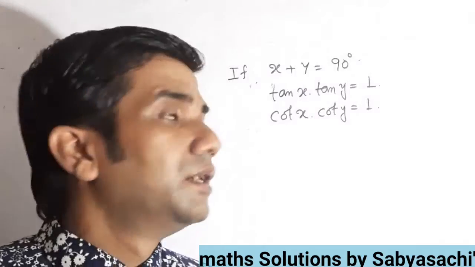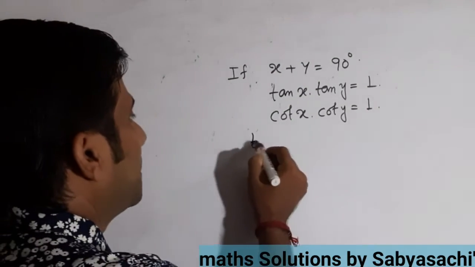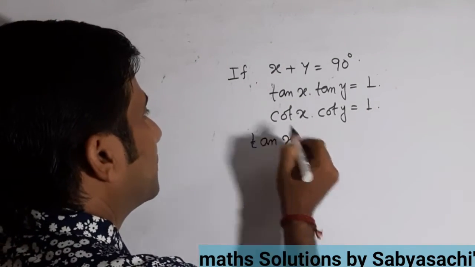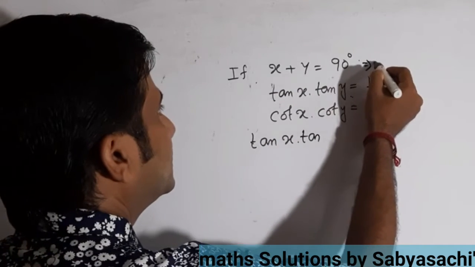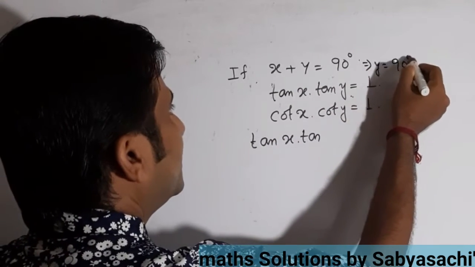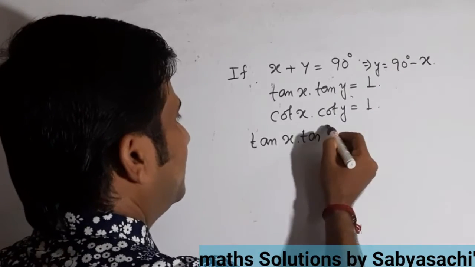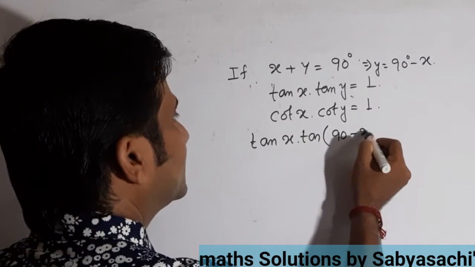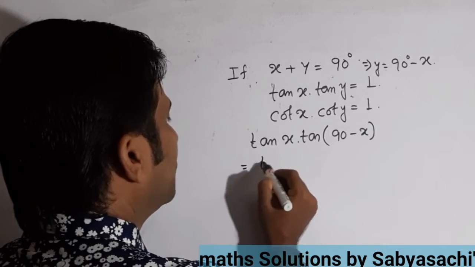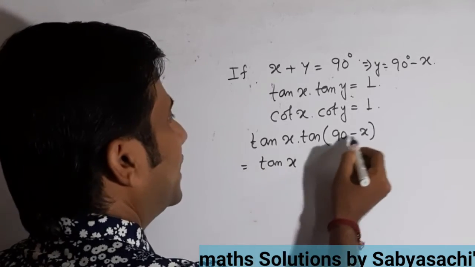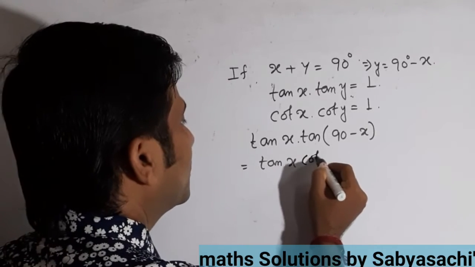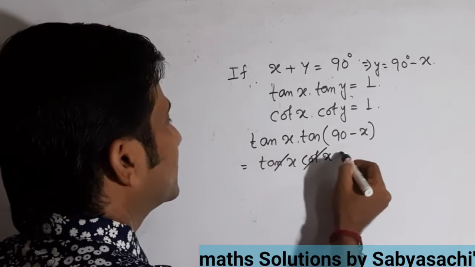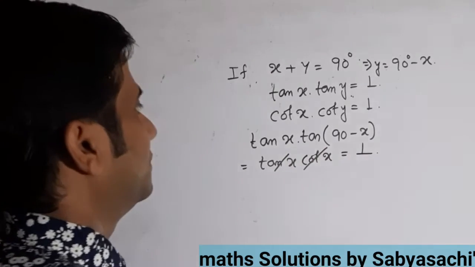How is it possible? tan y means tan of 90 degree minus x. You know that tan 90 minus x is cot x, so tan x into cot x, cancelling, we get 1.